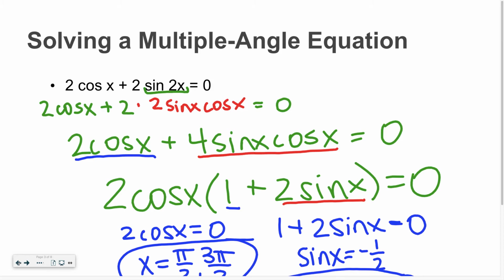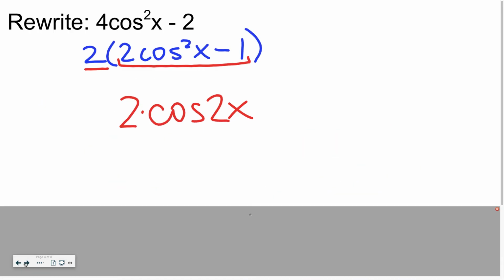If this were a cosine of 2x, since I already have a cosine of x in here, I would probably want to use that second one. But if this was a sine and I was changing cosine of 2x, we would maybe want to use the third one because it has a sine squared. Just look at what you're given and see what's going to help you out the best.